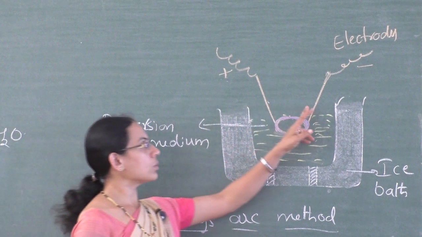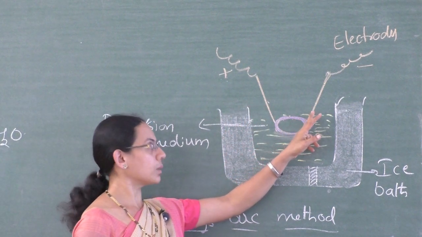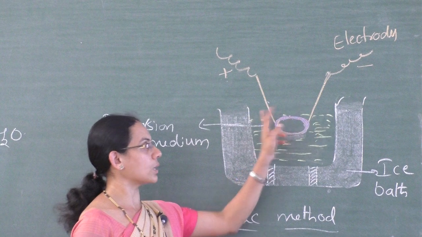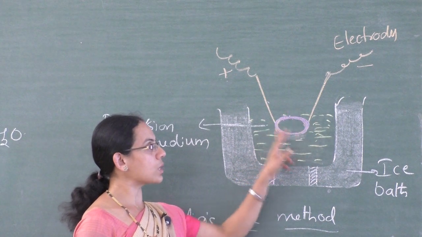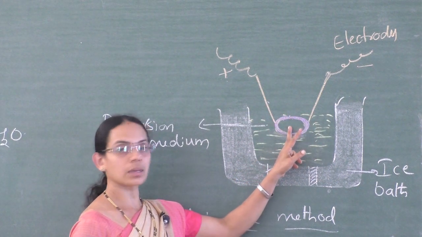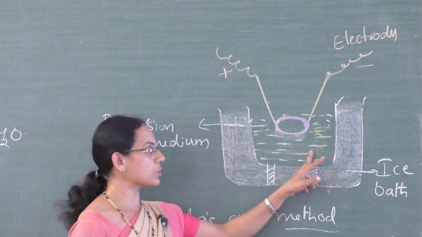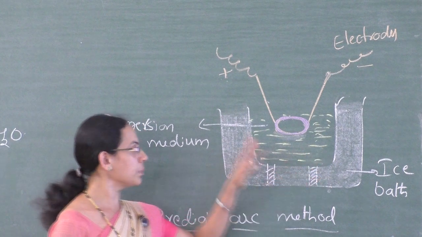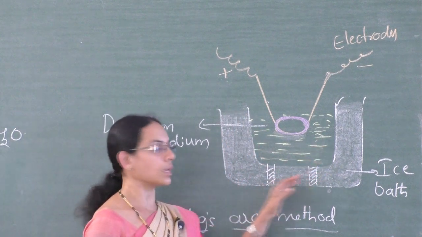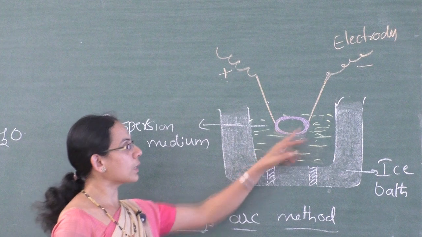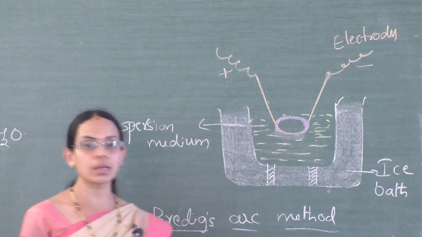The electrode of the metal to be prepared as a sol is taken as electrode, and those electrodes are struck with an electric arc, and that is placed in a suitable dispersion medium, and the entire setup is placed in an ice bath. On passing electric current, the arc gets heated, right?